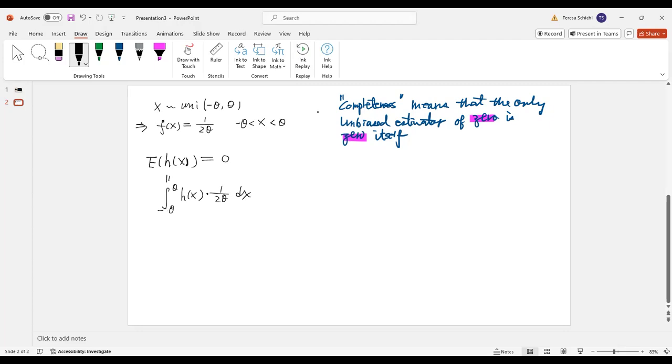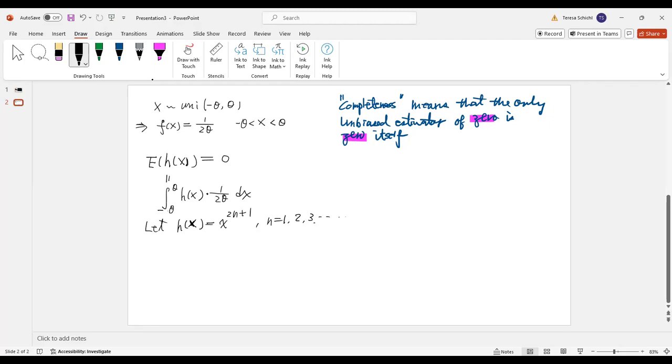So if it is not complete, let's think about it. If I can find a function h of x, let's assume h of x is equal to x to the 2n plus 1, where n could be any number: 1, 2, 3, and so on.